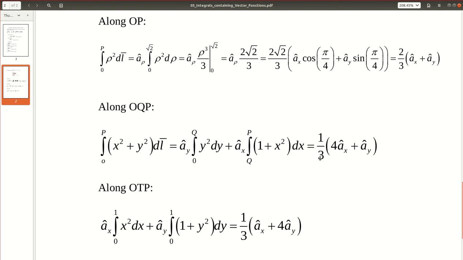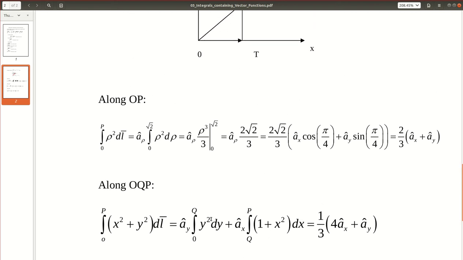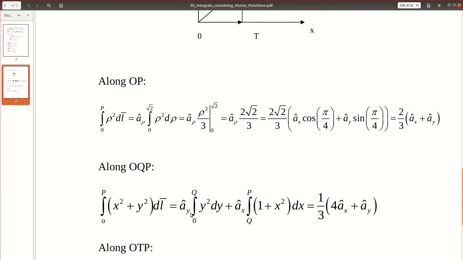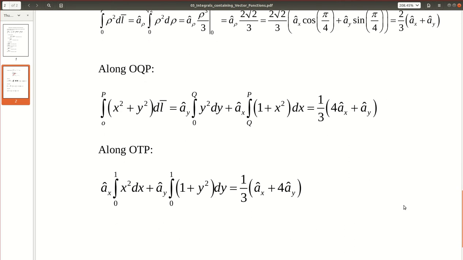So 1 over 3. If you calculate this one, you put y squared as 1, and from 0 to 1 you calculate this integration and this integration, and this is the result.